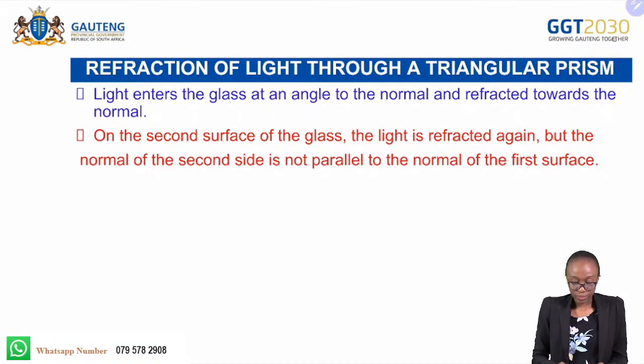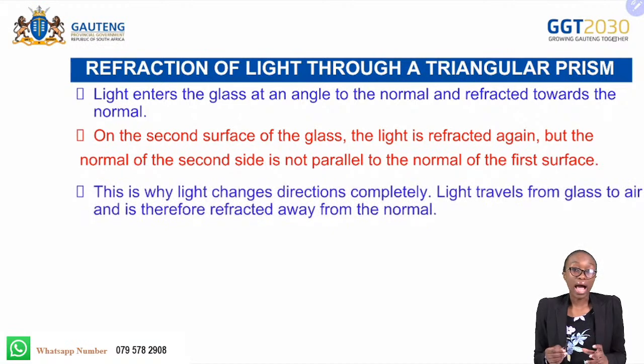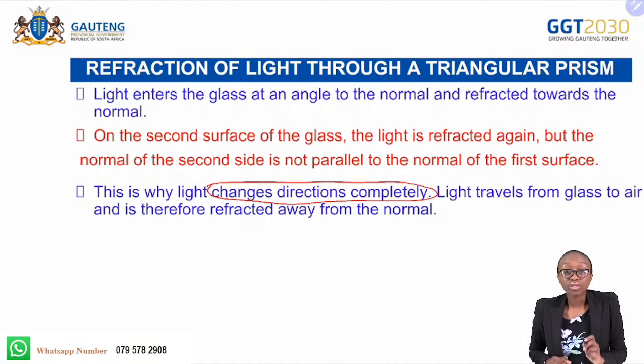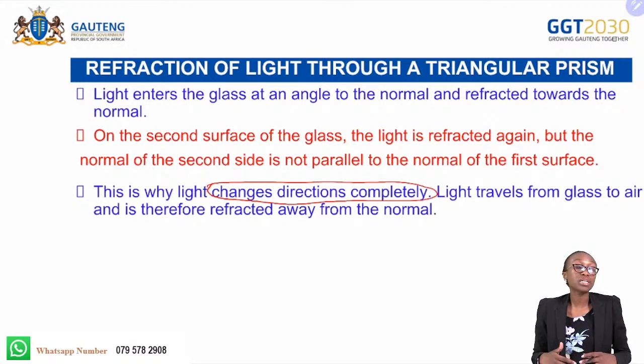What do I mean? This is why the light changes direction completely, because when it first strikes the first surface of the triangular prism, it's going to bend. That much we've learned.